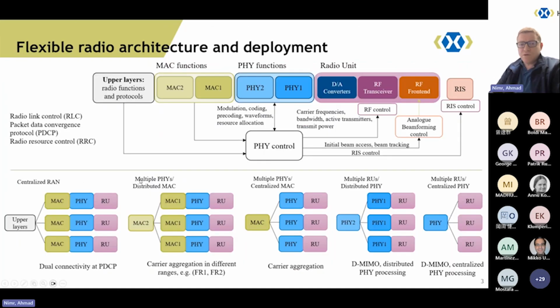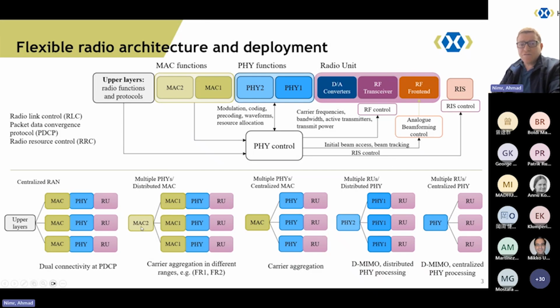So here we put things together. This slide summarizes the interaction among different radio components, reflecting different levels of flexibility in modulation and coding and resource allocation, and the configuration of the RF transceiver in terms of carrier frequency, bandwidth, and active transmitters, in addition to controlling the beamforming and RIS if it is also to be deployed.